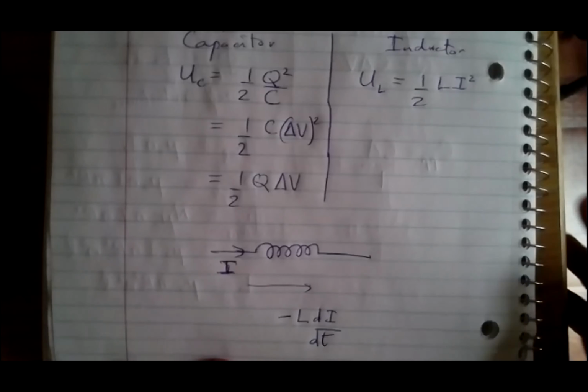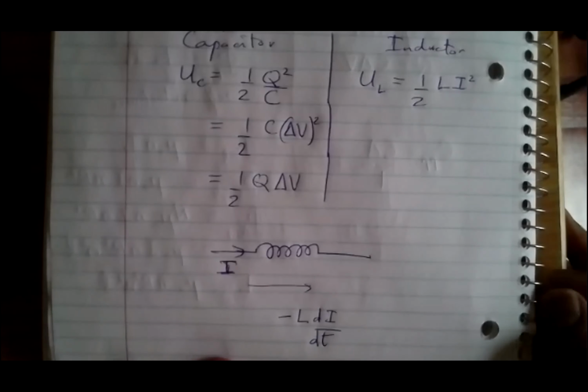All right, let's see that in action. So we'll look at the simplest possible RL circuit. We have a battery, a switch, an inductor, and a resistor.